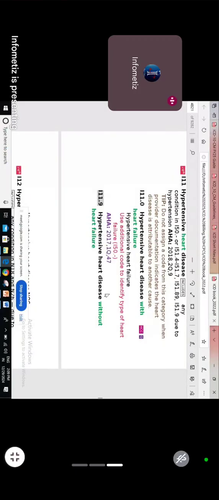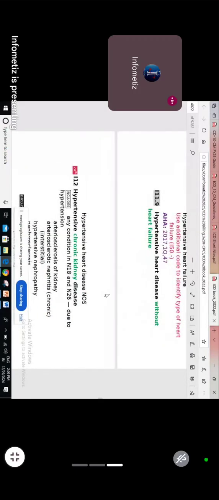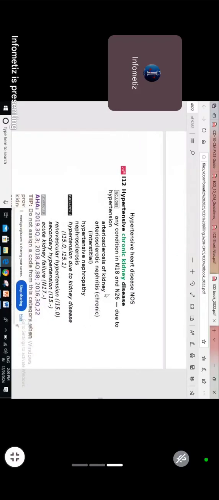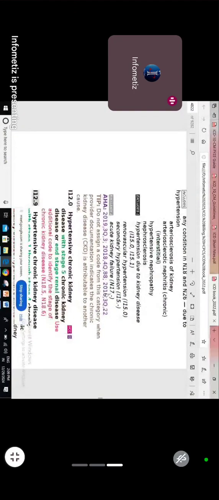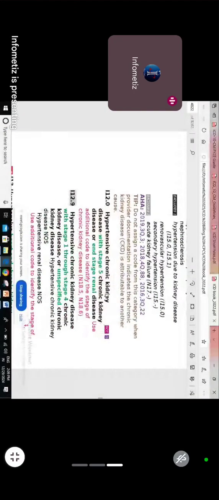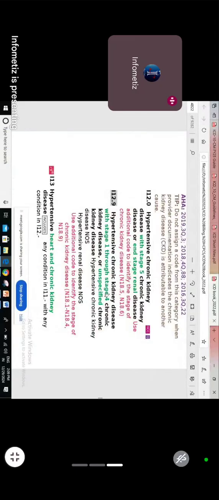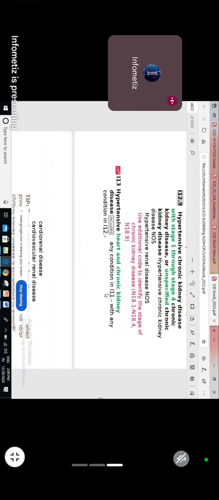I11.0, use additional code for I50. I12.0, use additional code to identify the stage, N18.5 and N18.6. I12.9, use additional code to identify the stage of the chronic kidney disease, N18.1 to N18.4 and N18.9. Clear?